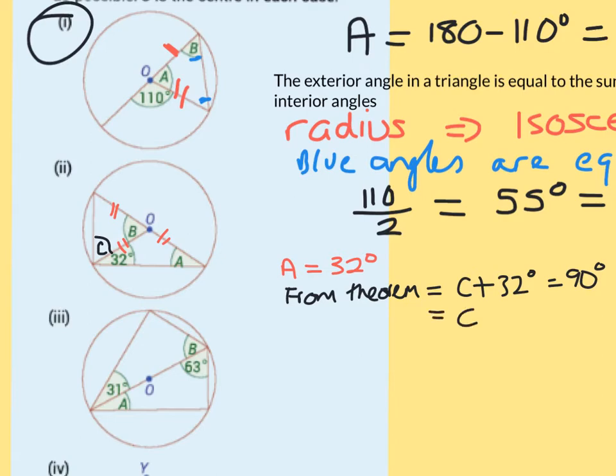Therefore C is equal to 58 degrees. I know that that's an isosceles triangle, so therefore D is equal to 58 degrees. And if I add the two of them together and subtract from 180, so 180 minus 58 minus 58, that will give me 64. So therefore B is equal to 64.